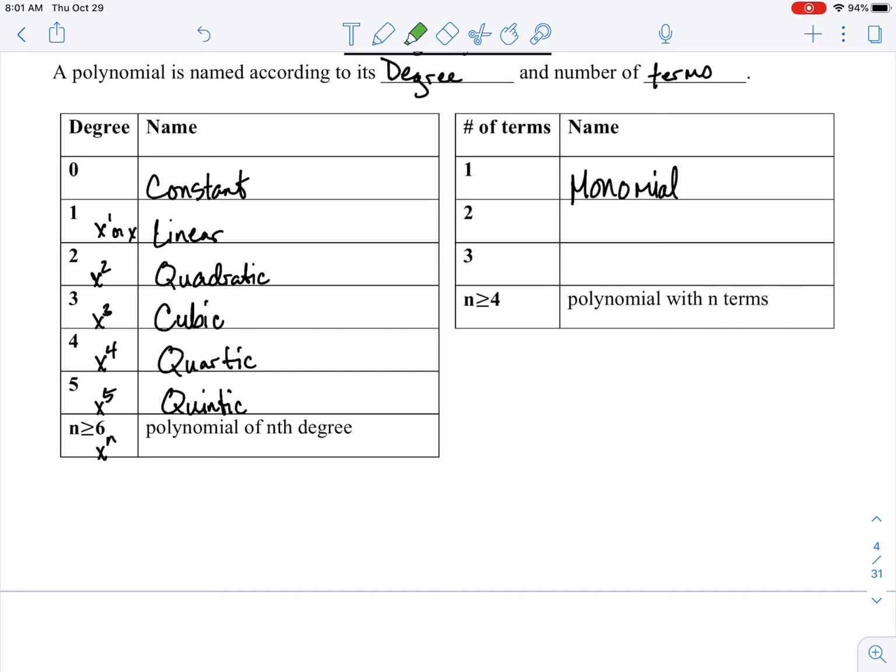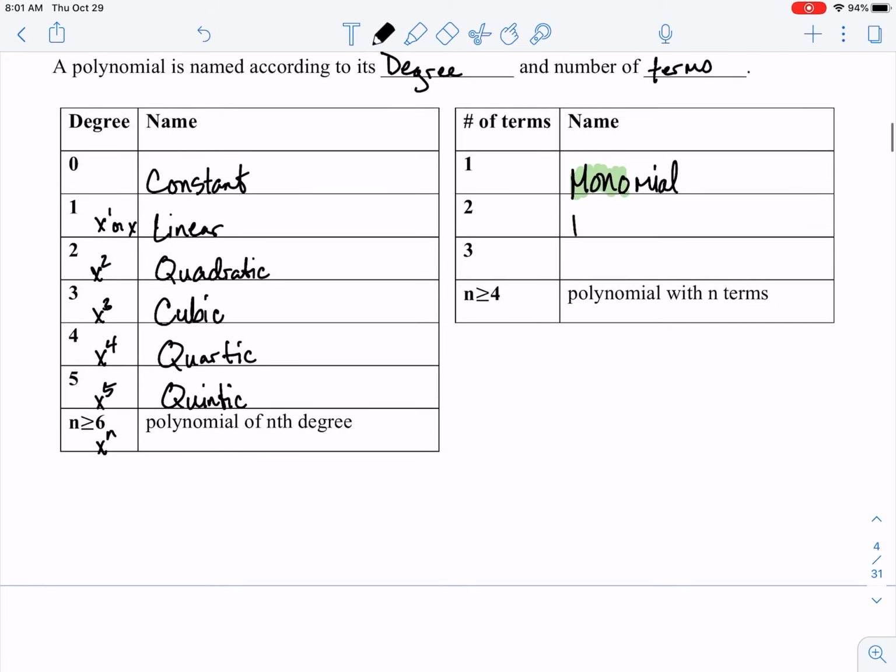All right, and that's based off of mono, which means 1. 2 terms is binomial. Bi is 2, and then 3 is trinomial. Again, tri means 3. And then if the number of terms is greater than or equal to 4, it's a polynomial with n terms.